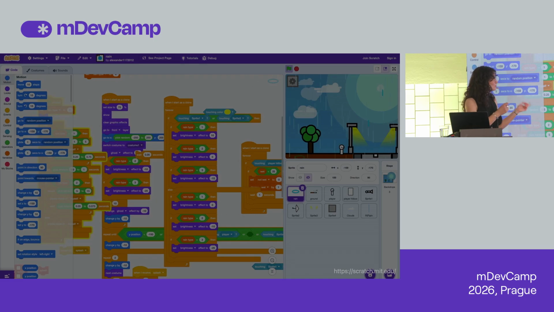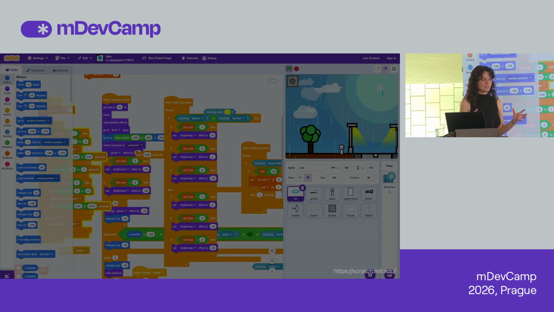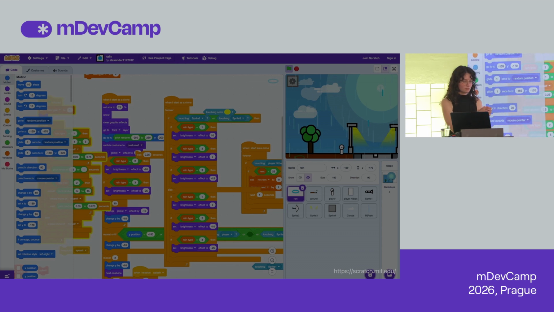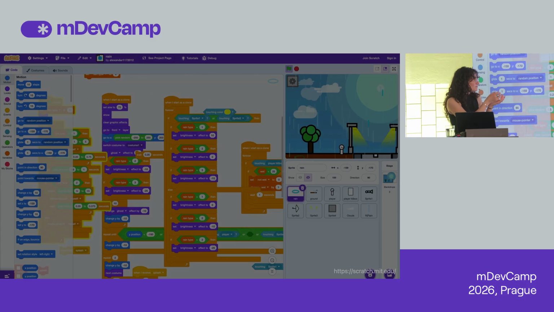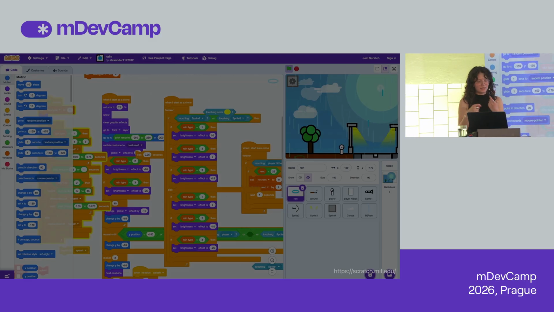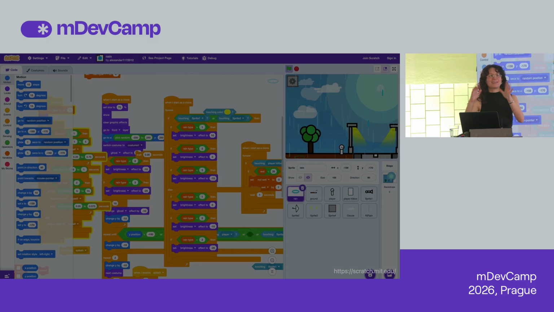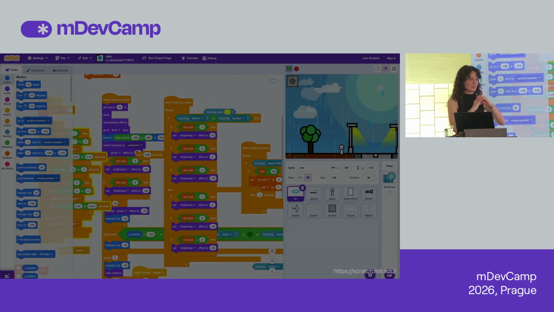So I think it also shows something else important. You make your creations faster by connecting these blocks, and each block does something different, and it happens right away, so you see your creation. You create, then you see, and you start understanding.